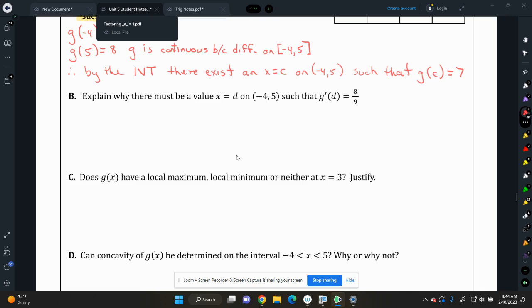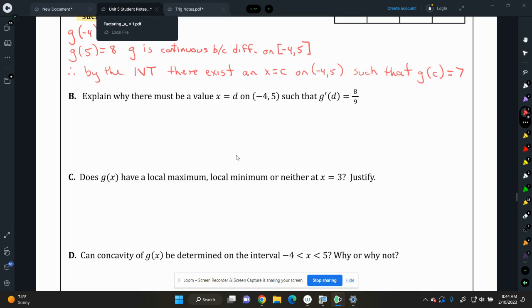If g double prime is greater than 0, what does that tell me? Okay, right? If g double prime is greater than 0, what's increasing? G prime is increasing, okay? If g double prime is less than 0, what's that tell me about g prime?